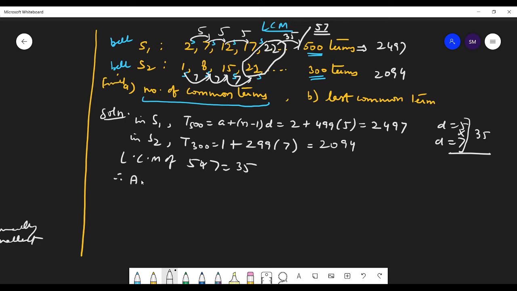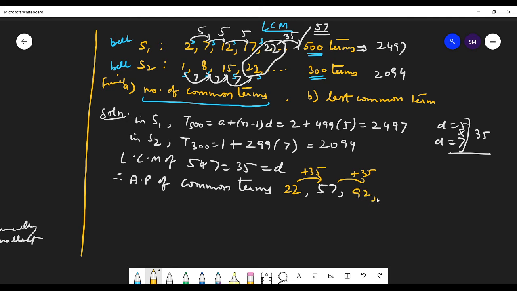Therefore, what will be the AP of the common terms of both? After 35, what will come? After 57, again that's your D. Wait a minute, here 22 will come, right? 22 is the first common term. Then add the common difference 35, then further add 35, 92. Very good.